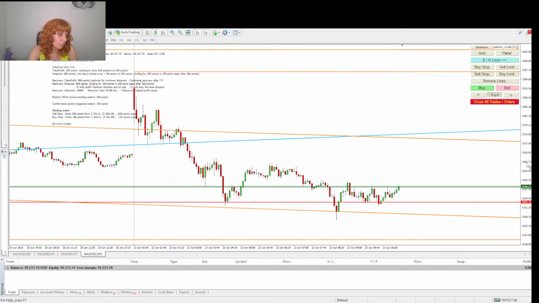See, it's trying to go a little bit higher, so the point is, is it going to break it?